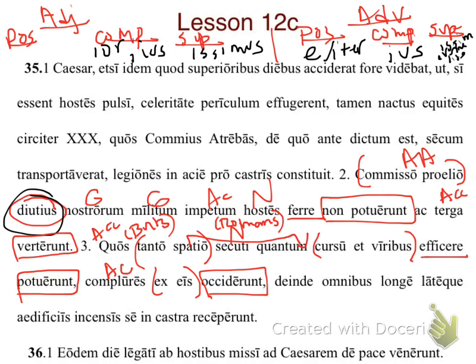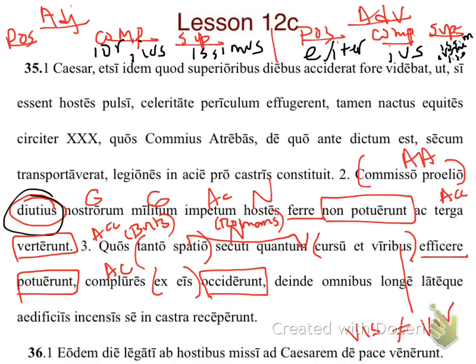Okay, don't get tripped up here thinking that this is viris. It's viribus. How do I know it's viribus and not viris? Does vir take a second declension ending?